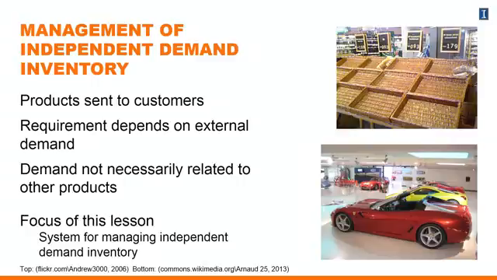You could be selling bread to many different stores, so it's a B2B relationship, or it could be a store that's selling bread to ultimate customers. So the independent demand item is going to be different based on where you are in that big supply chain.